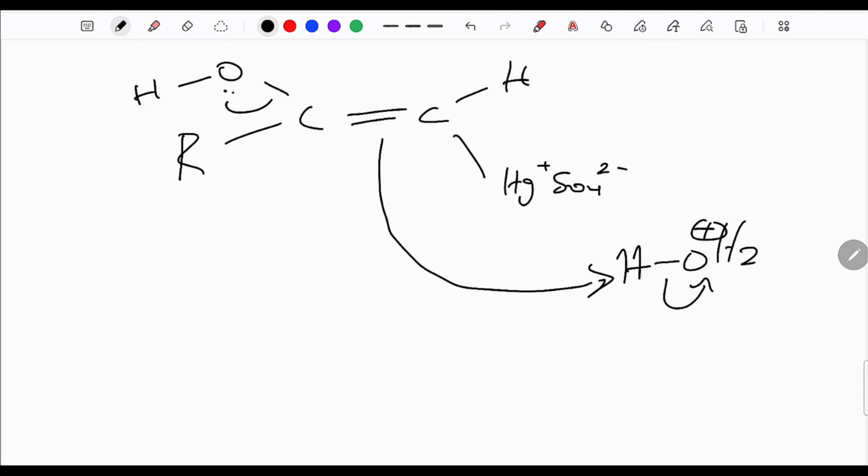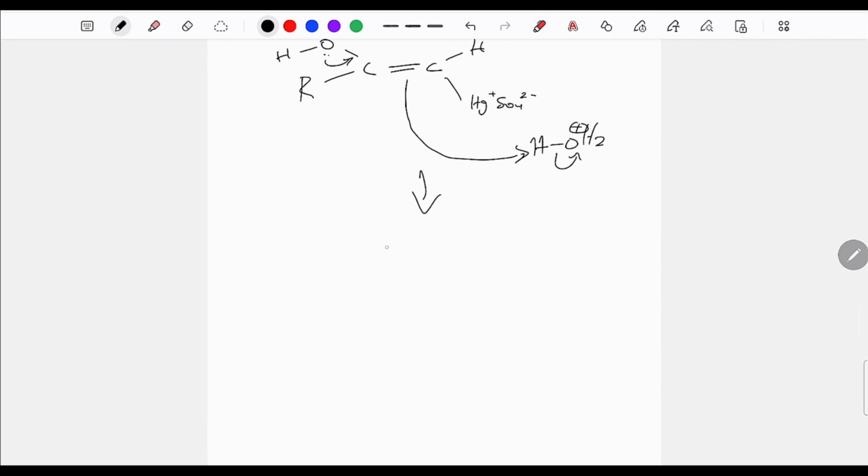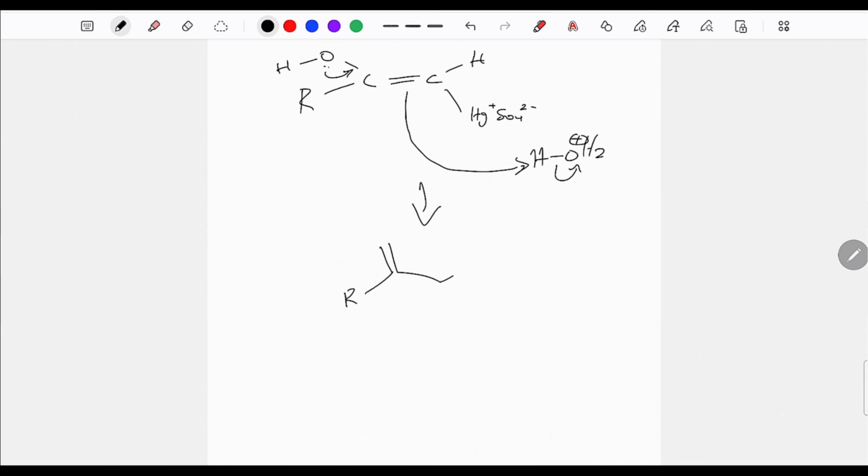Well, this is going to come down to form this particular product. I'm just going to switch to line bond because it is so much easier. And Hg plus, SO4 2 minus.